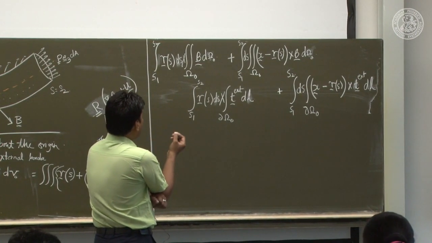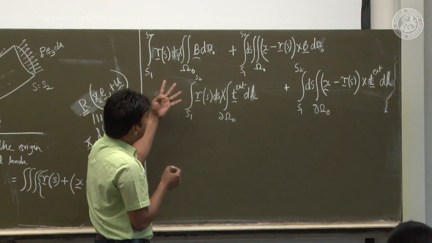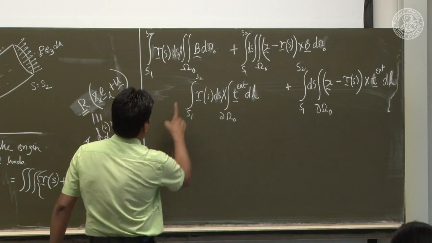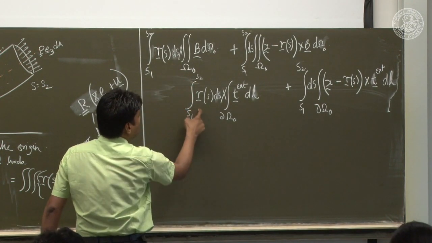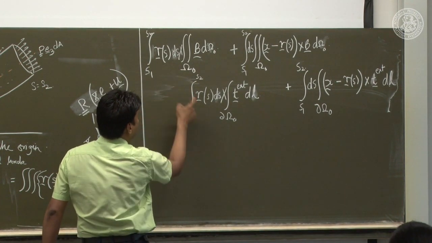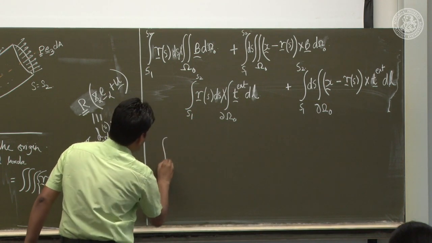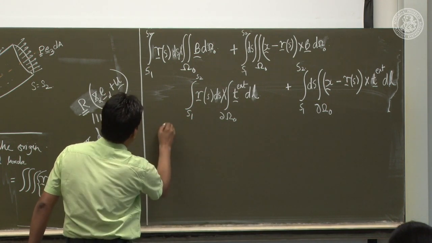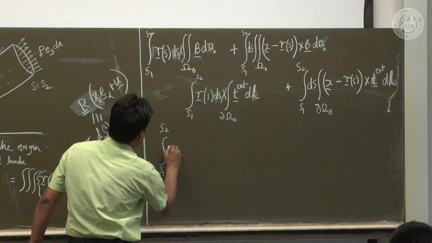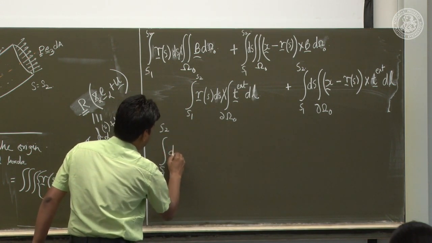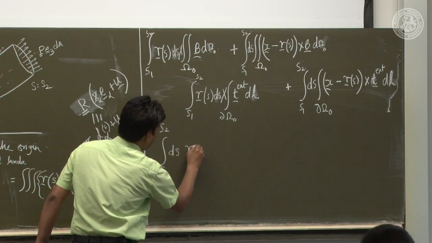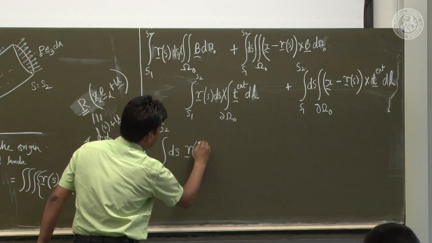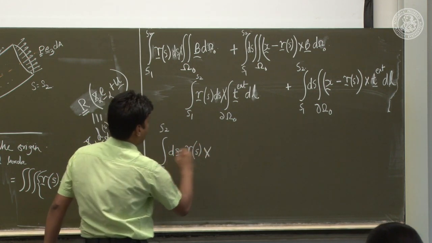Okay, and then we have to identify some terms. So if I write these two together, what does this become? Integral from S1 to S2 ds, and then you have r of s cross.